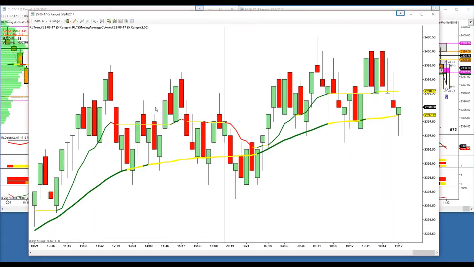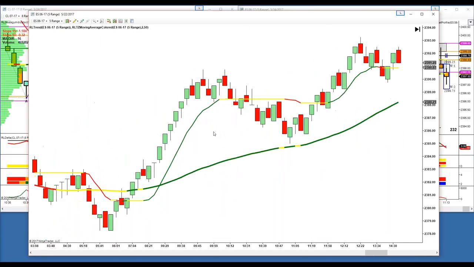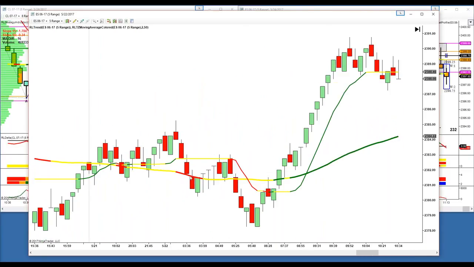Let's put those in. Now the 50 is simply a 50 period moving average. It's a simple 50 period moving average. It's nothing complex, nothing sophisticated. The only thing that's a little bit different is that when you get an upslope, it turns green, and when you get a downslope, it's going to turn red, like right here.